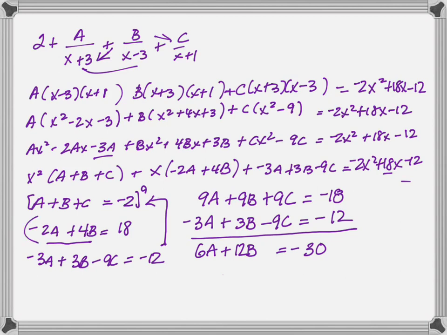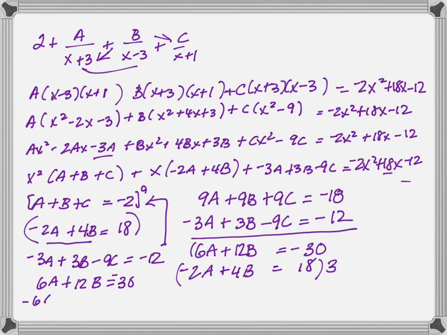Now I take this equation and put it beside it so I can see what to do. Negative 2a plus 4b equals 18. So if I multiply this one by 3, I'll get negative 6a, so they'll go away. So let me rewrite that. 6a plus 12b equals negative 30.